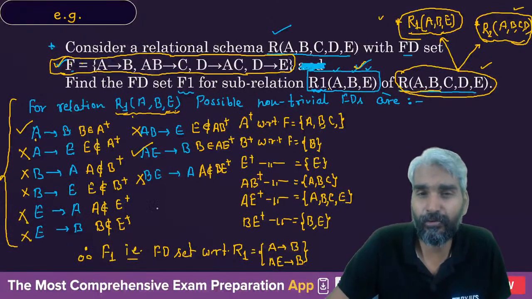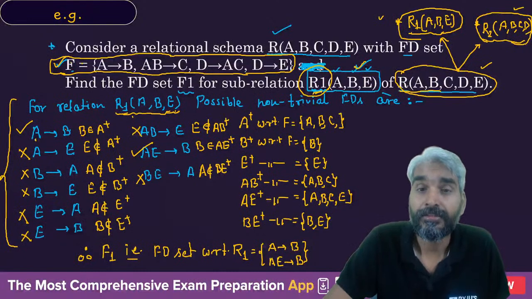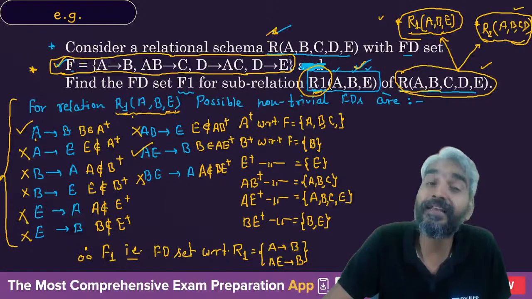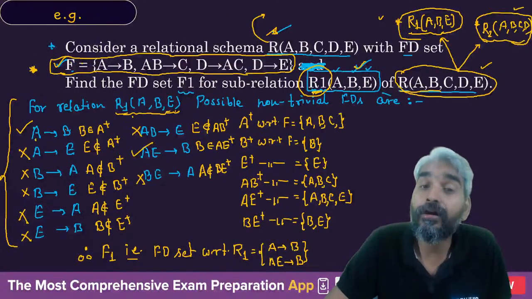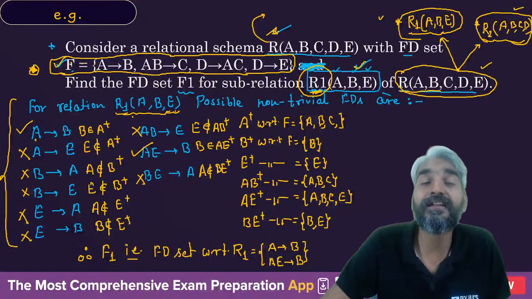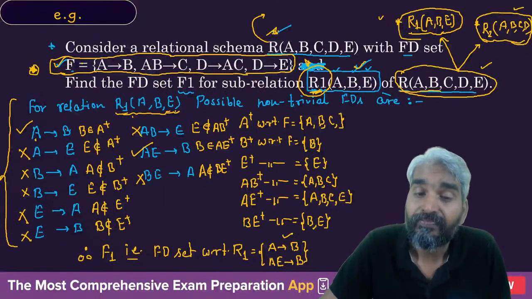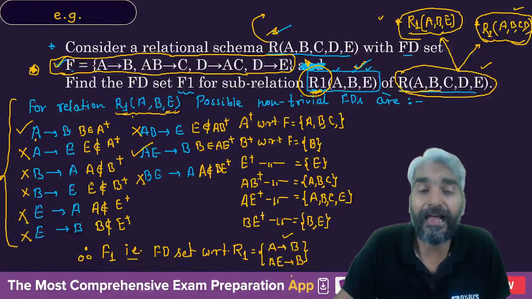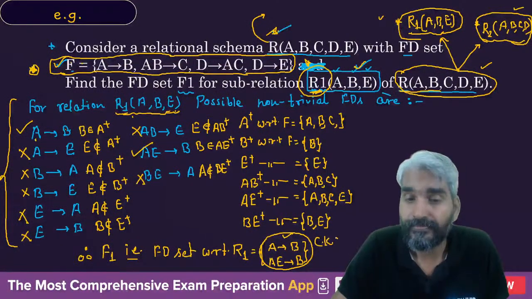Now let's understand one more thing. You cannot define the candidate key of a sub-relation without the FDs of that sub-relation. For relation R you may define the candidate key with respect to the FD set F, but you cannot define the candidate key of relation R1 with the FD set of the original relation R. To define the candidate key of R1, you have to identify the FD set of R1, and from it we can say that the candidate key of R1 is AE.